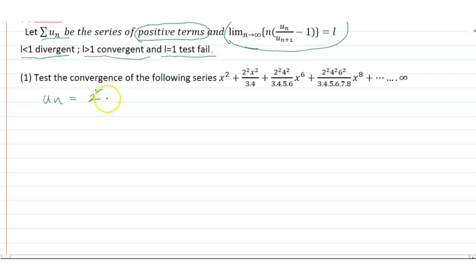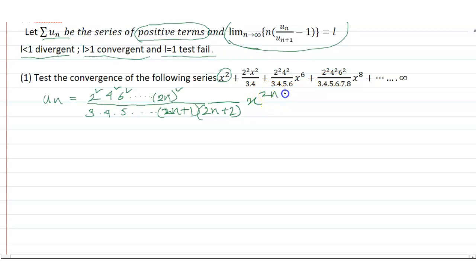Un can be written as 2 squared, 4 squared, 6 squared up to 2n whole squared, where I cancel the first term, divided by 3 into 4 into 5 up to 2n plus 1 into 2n plus 2, times x to the power 2n plus 2.